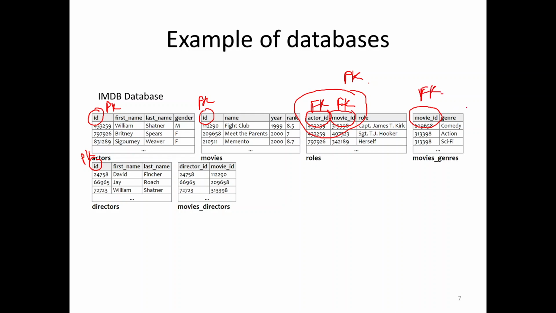This is a foreign key, and together they make a primary key. And this is a foreign key, and this is a foreign key, and together they make a primary key, right?